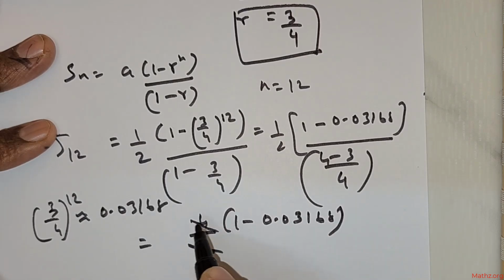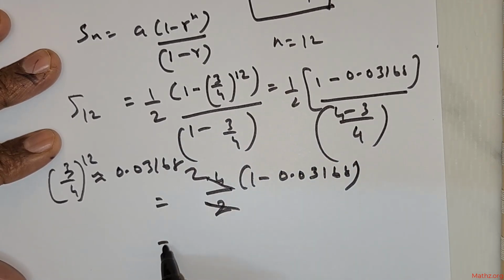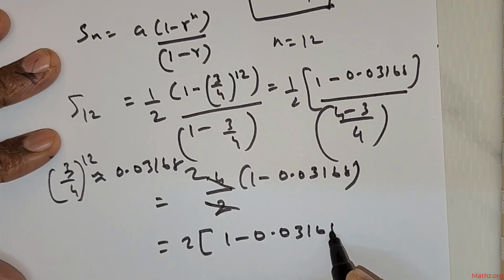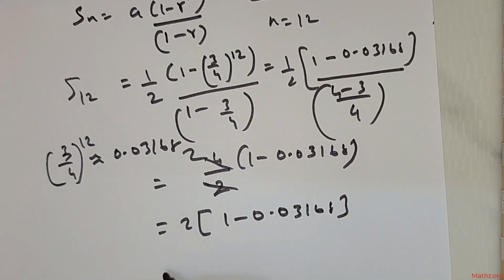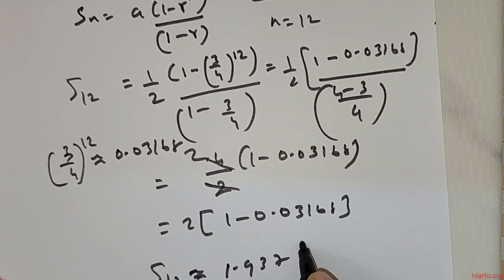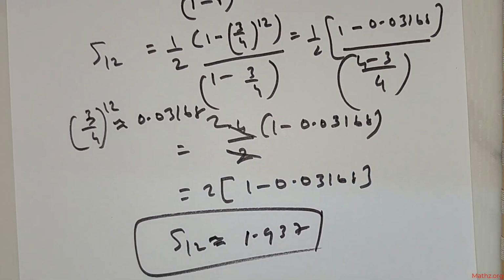So 2 divides 4 2 times. So 2 times 1 negative 0.03168. If you were to use a calculator, you would approximately get S12 to be 1.937. Okay, so that would be the value.